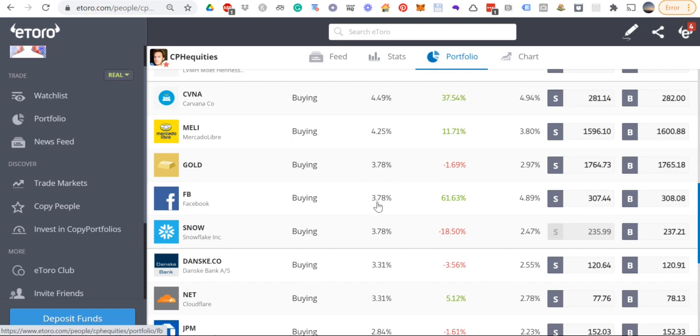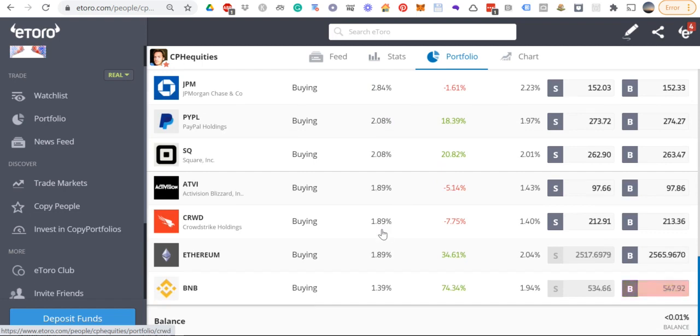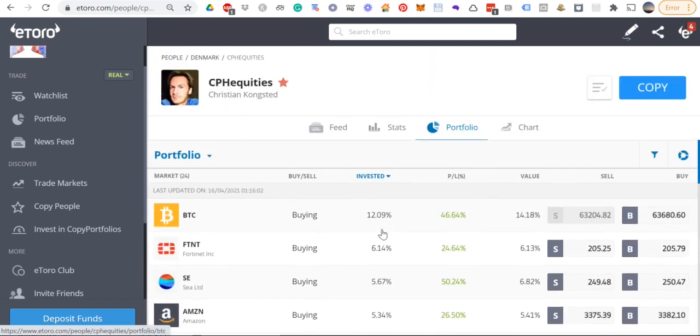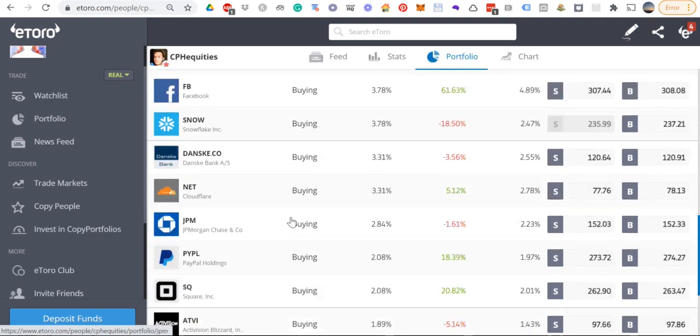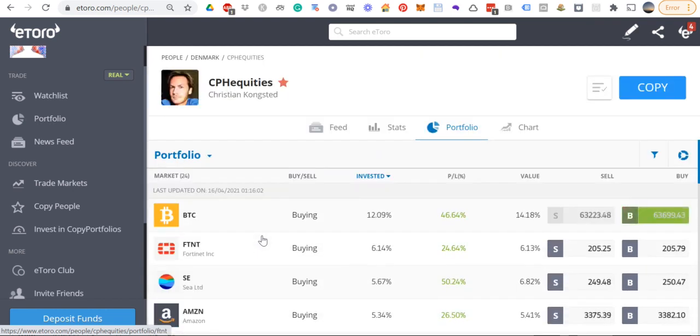He's only got about 3.5% in Facebook, so I would probably like to see less tech, even so. But that's not a bad diversification there. It's got some financials which should start to do well. JP Morgan there. So it's not too much of a FANG stock, so I'd still consider this.